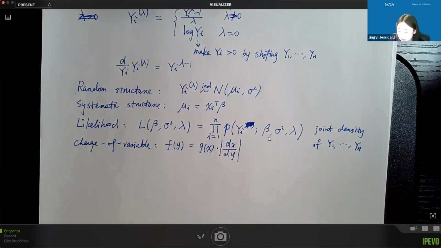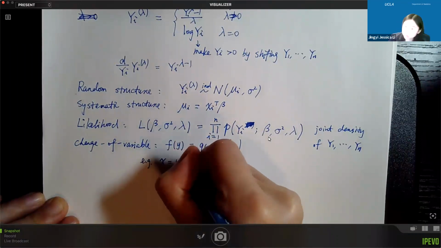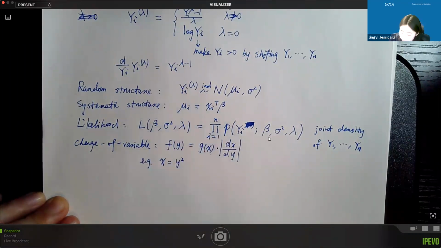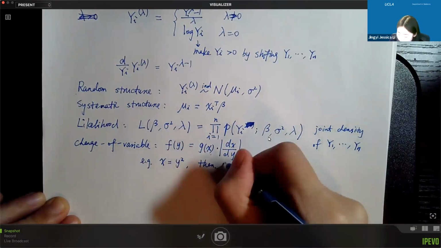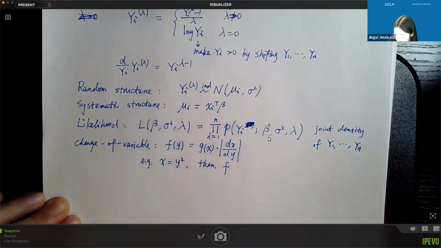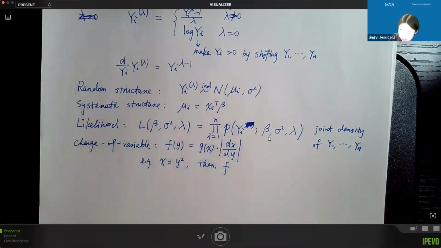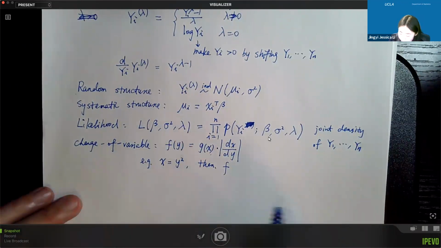This may seem a little abstract, but maybe it's easier to see in a concrete case. For example, if x equals y squared. I shouldn't say this is a 1-to-1 map. It's just a function, because we cannot go from x back to y uniquely.